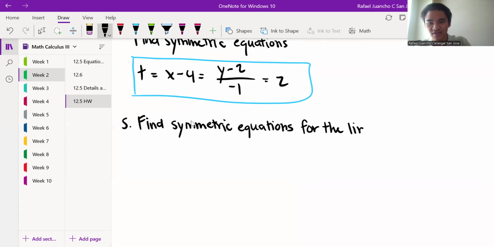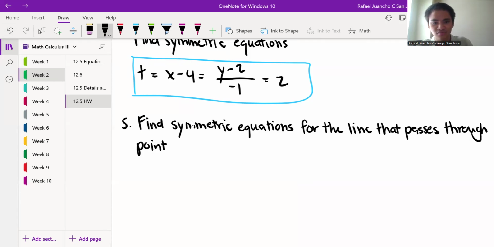Well, we're going to find them for the line that passes through. So this line passes through point (4, -3, 9), right?